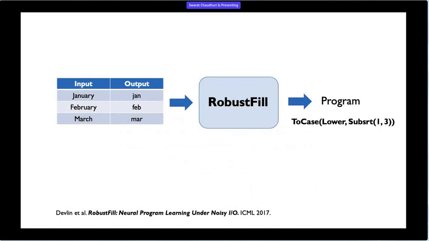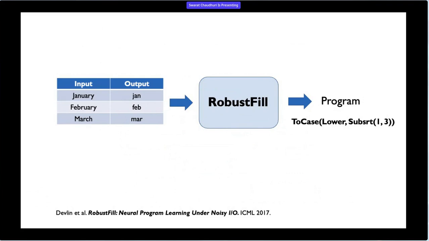The first system to actually do this was called RobustFill. It's from 2017, and it was focused on this domain of text manipulations. The name comes from the fact that it was essentially a neural version of the FlashFill work that was first published in POPL already more than a decade ago.